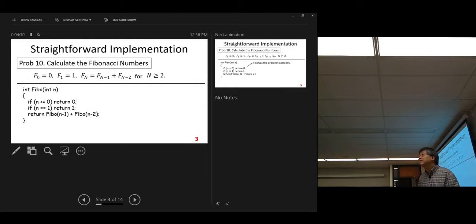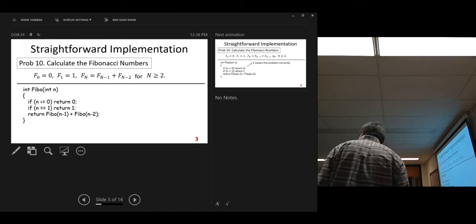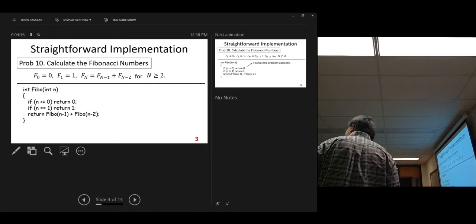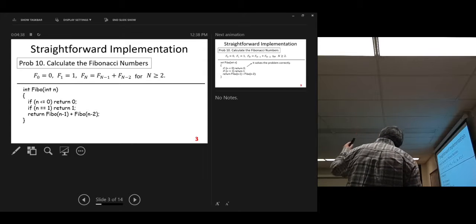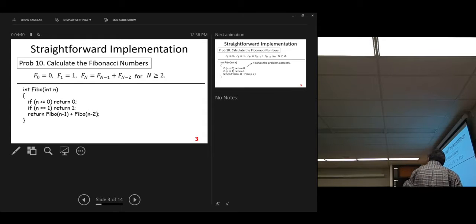It's so easy, right? But the question is, is this a good one or a bad one? So after we learn this algorithm class, we need to know if this algorithm is a good one or a bad one. If it's a bad one, we should not use it. We should find a better one.